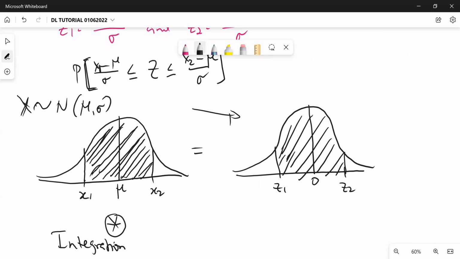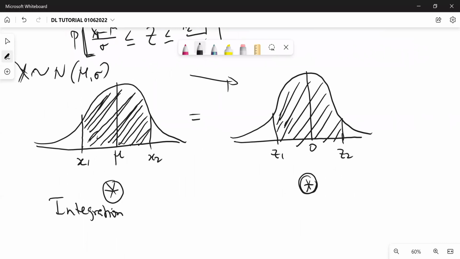Now, if you decide to use this method here, and this is what we should be adopting in this class, there are some tables which have been designed to help you compute the probabilities for a given interval or for a given value of z. Then you're able to read the value of probabilities from the table.